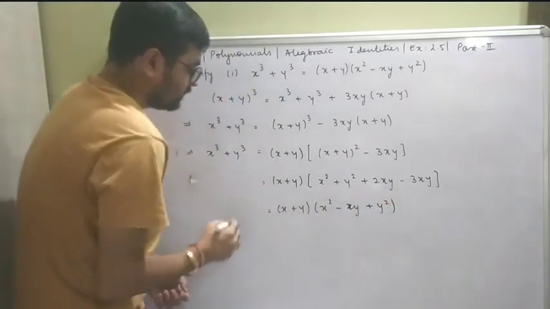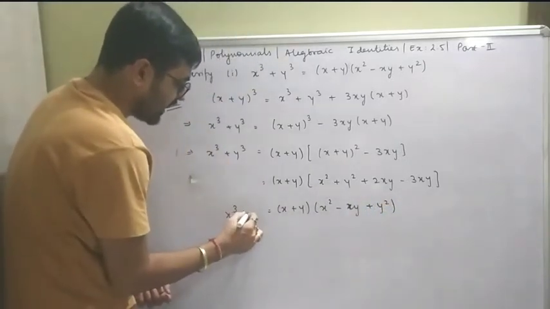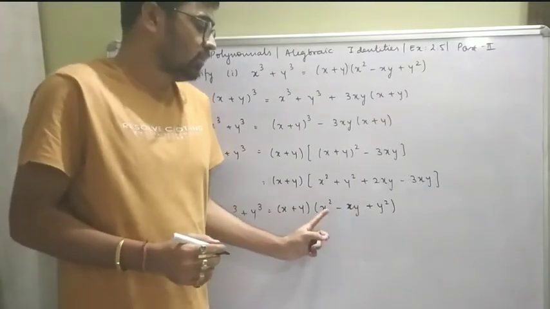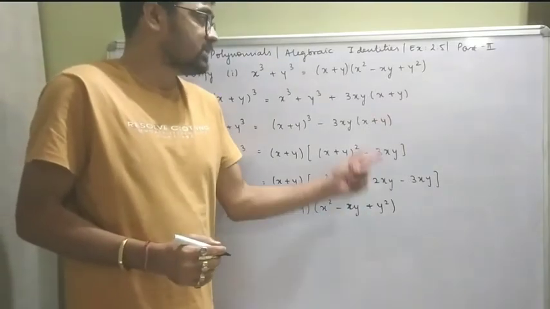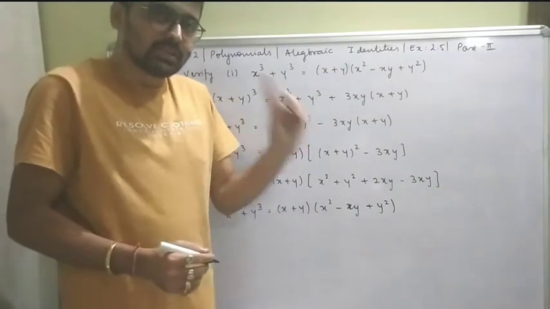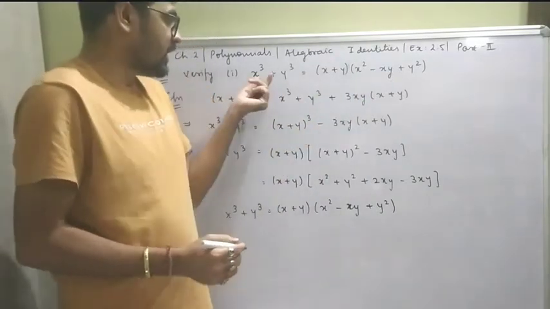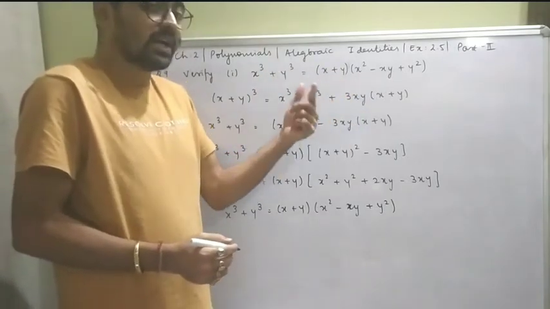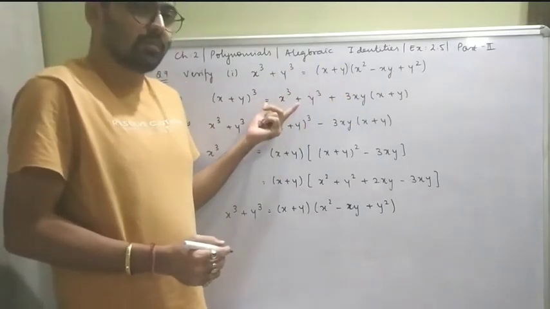So we verified that x cube plus y cube equals x plus y into x square minus xy plus y square. Correct. Similarly, the second one, x cube minus y cube, we have to verify with the help of which identity? The next one as compared to this one.